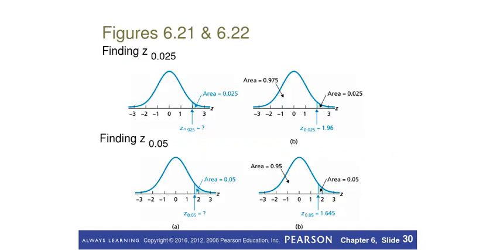If we wanted to find the Z alpha, we could work our way backwards now and figure out, well, if we knew what the area was, we could look it up on the table and find the Z associated with that area. In this case, let's say the area is 0.025. Well, in this example, the area to the right would be 0.025, and the area to the left 0.975.